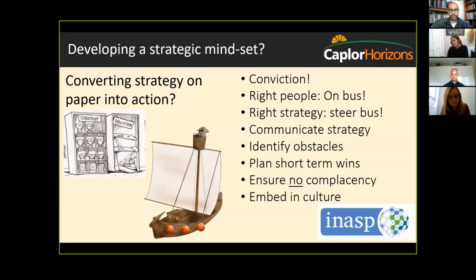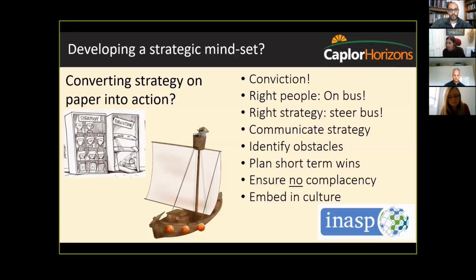The next point is about identifying obstacles. So with the best plan in the world, sometimes there's things that hinder you achieving what you're trying to. And I think from my experience of being involved with the consortium, two main things have come out. One is resources in terms of money and funding, say, to employ a secretariat or deliver the work that you're trying to.